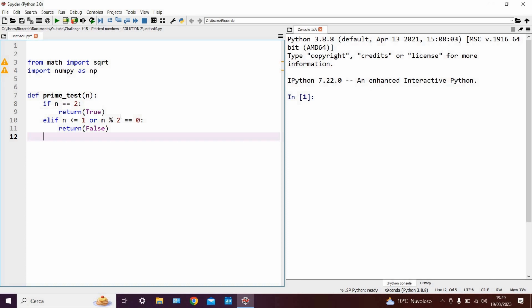Also, we know that if a number has any divisors other than 1 and itself, then at least one of these will be smaller or equal to the square root of our number.